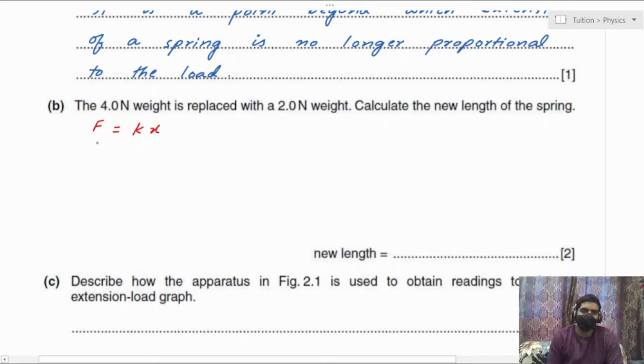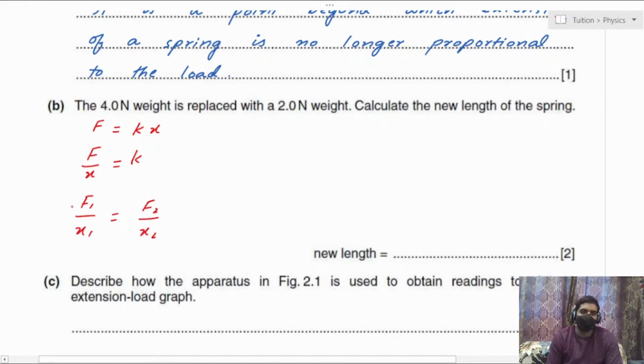K is a constant, so that means F over X equals constant, right? The ratio of force and extension is always constant. So I can write it as F1 over X1 equals F2 over X2.